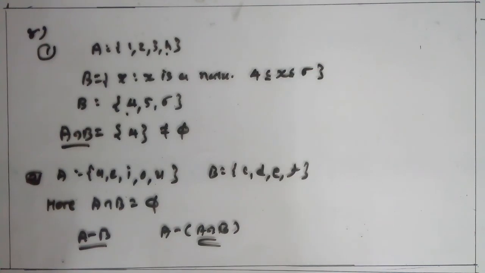Justify your answer. Question number first given: {2, 3, 4, 5} and {3, 6} are disjoint sets. Think about this. Are these given two sets disjoint or not? Similarly, the first set A, E, I, O, U and the second set A, B, C, D are disjoint sets.